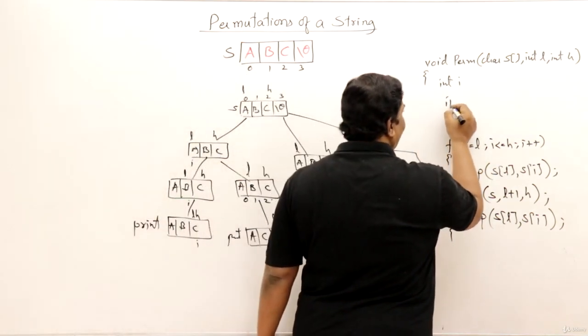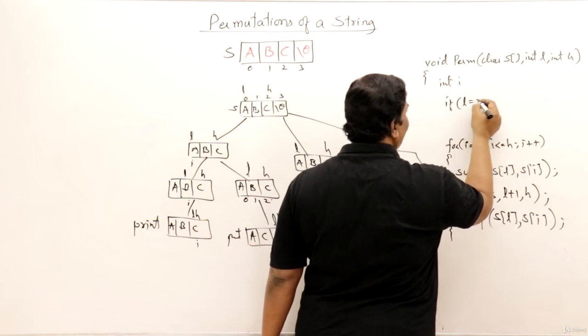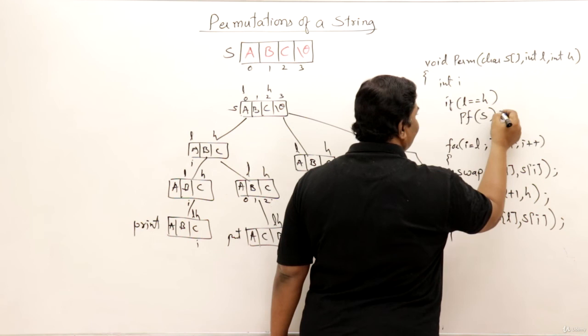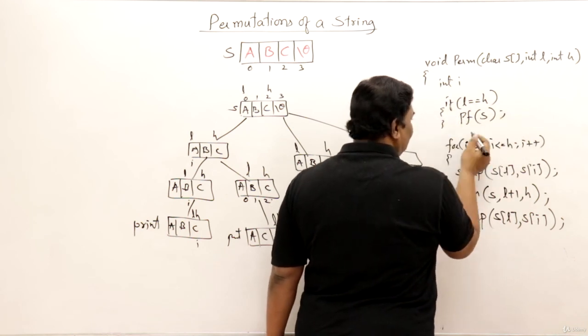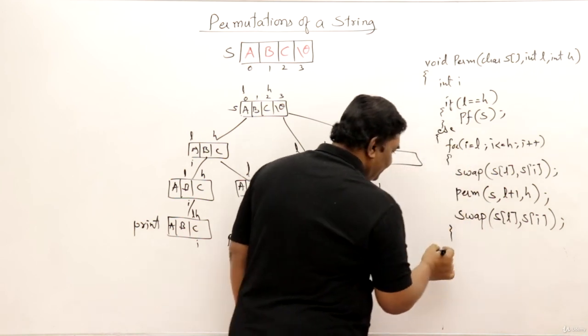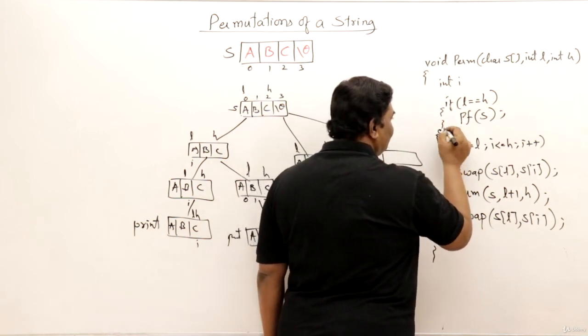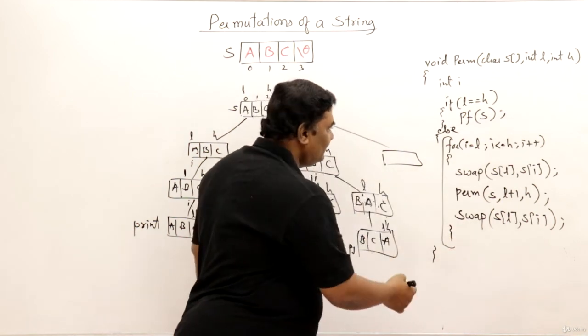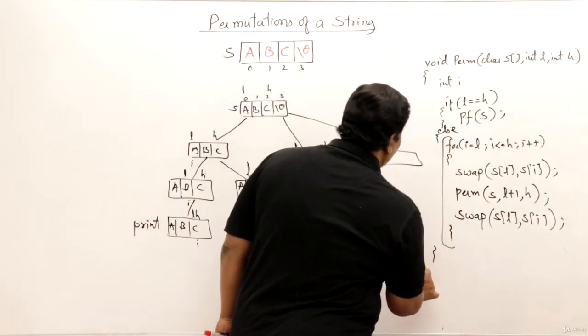So here, if low is equal to high, printf the string S, right? And all these things should be done, else all these things should be done. So here I write it as else. So this is inside else. And this is the end of the function.